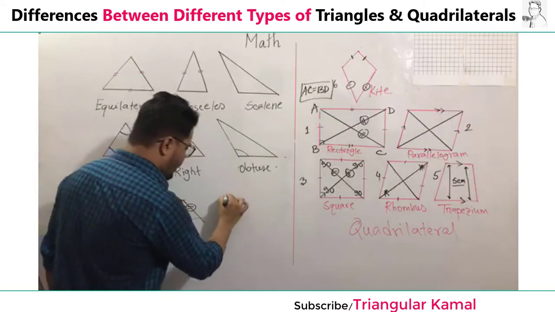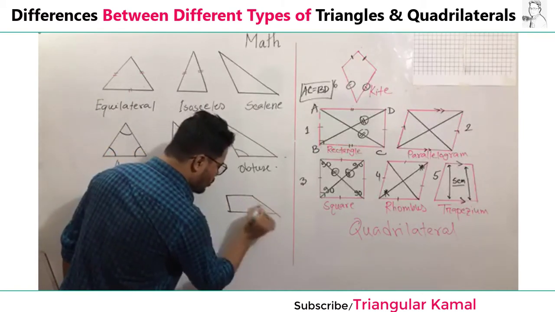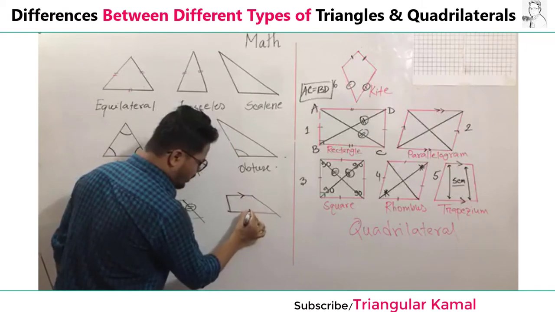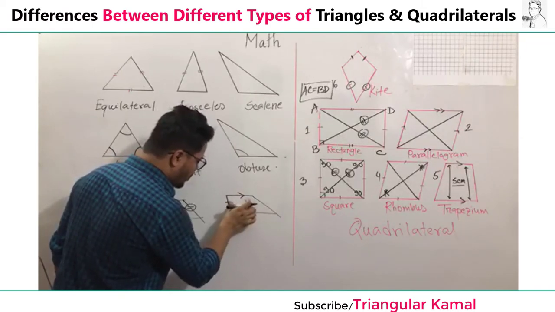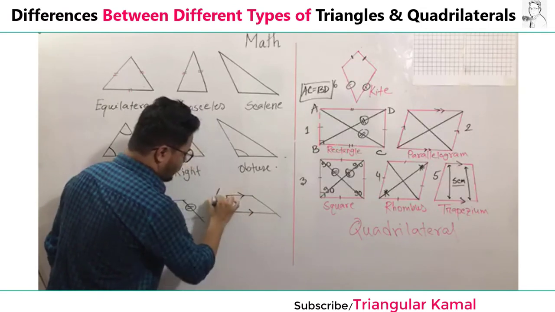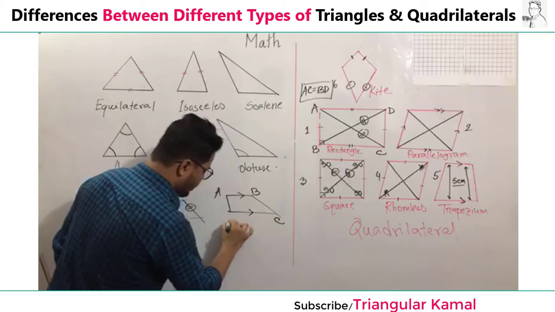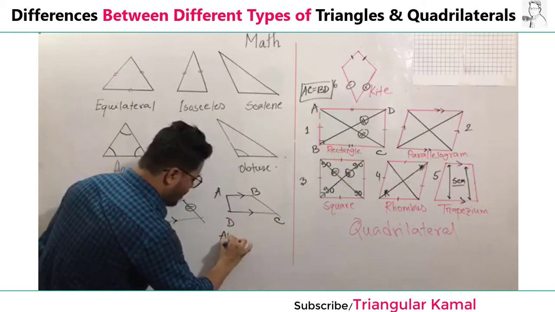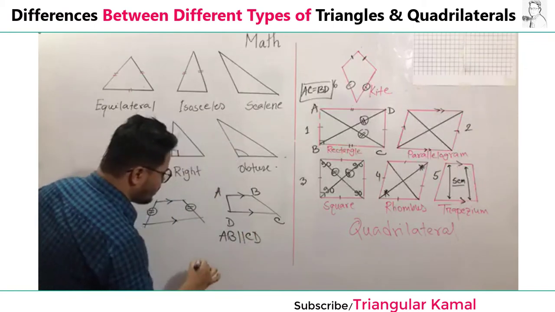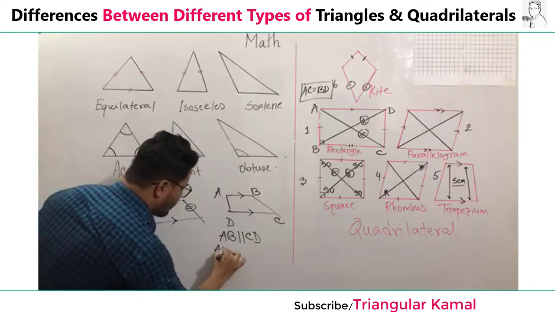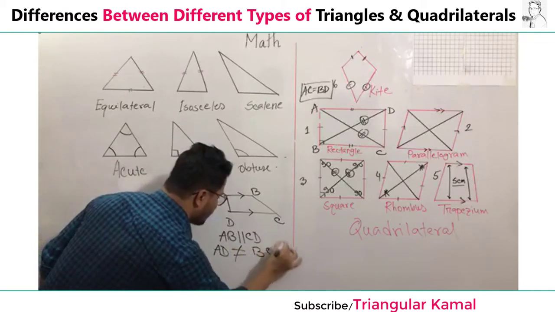While like this, these two sides are parallel but these sides are not equal. Like A, B, C, D. Here AB is parallel with CD and AD is not equal with BC.